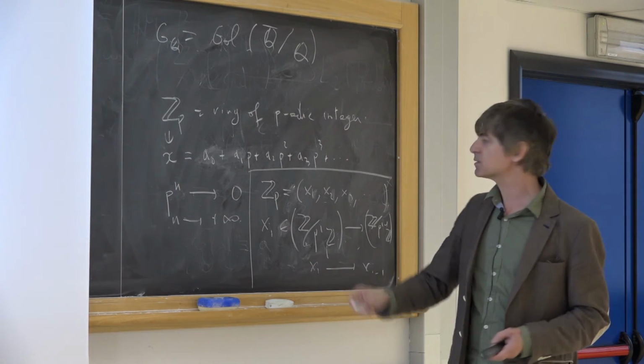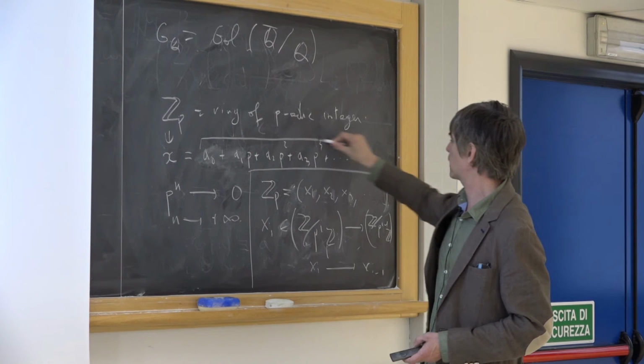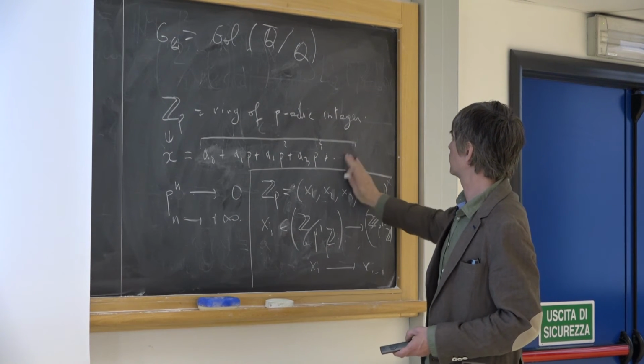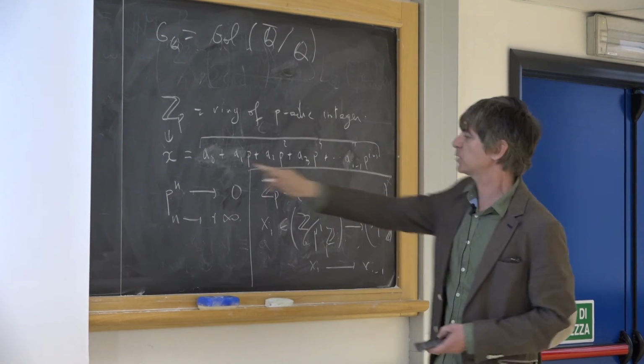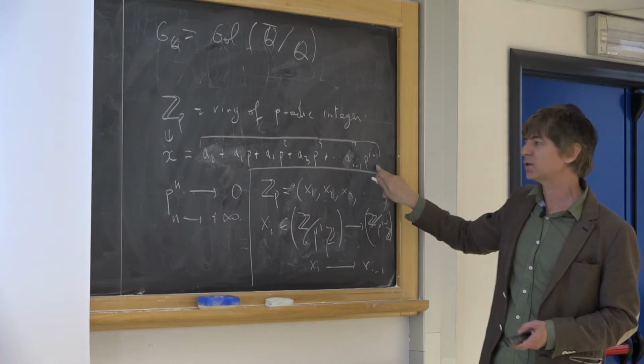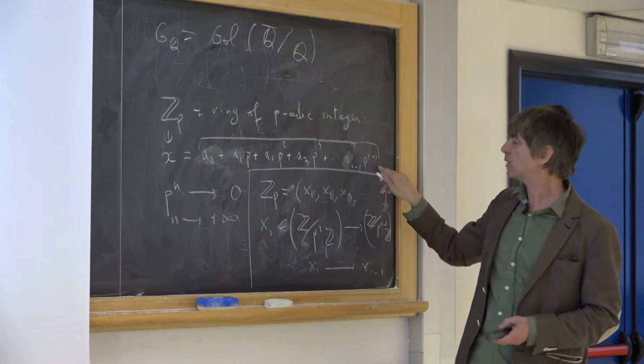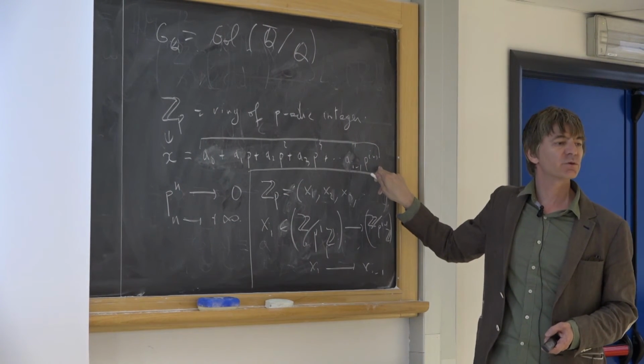And basically, when you look at this element here, this is exactly the p^i approximation of your periodic integer.